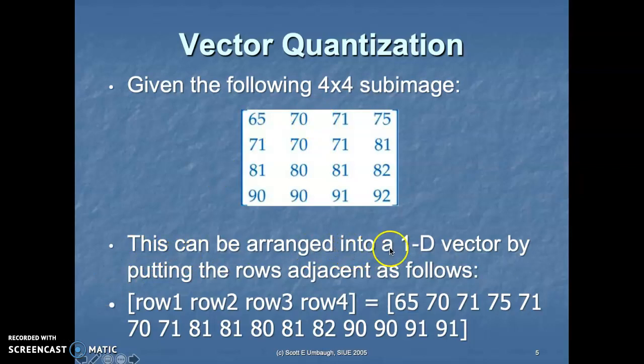This can be arranged into 1D. Once you want to apply the vector, you will arrange it into 1D, from top to bottom, left to right. So it will be in 1D, 65, 70, 71, and continue with the next row until the end.